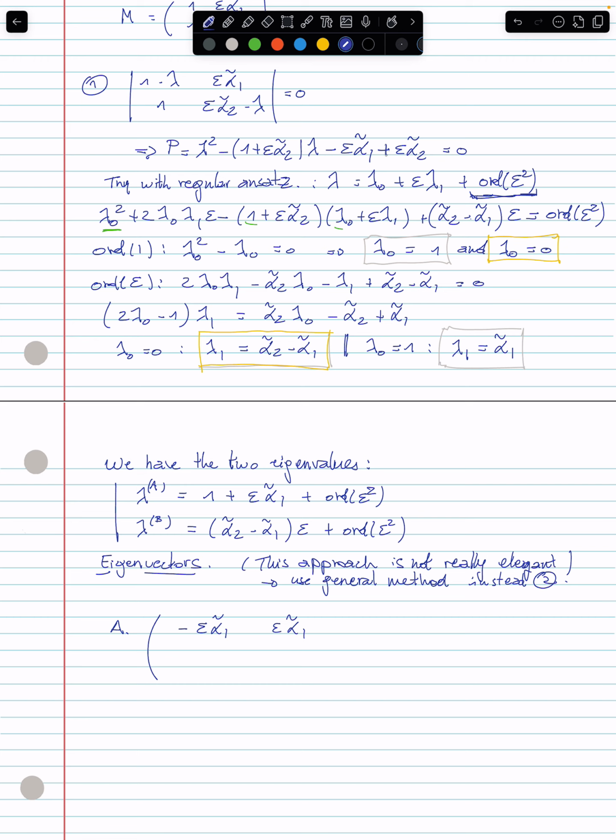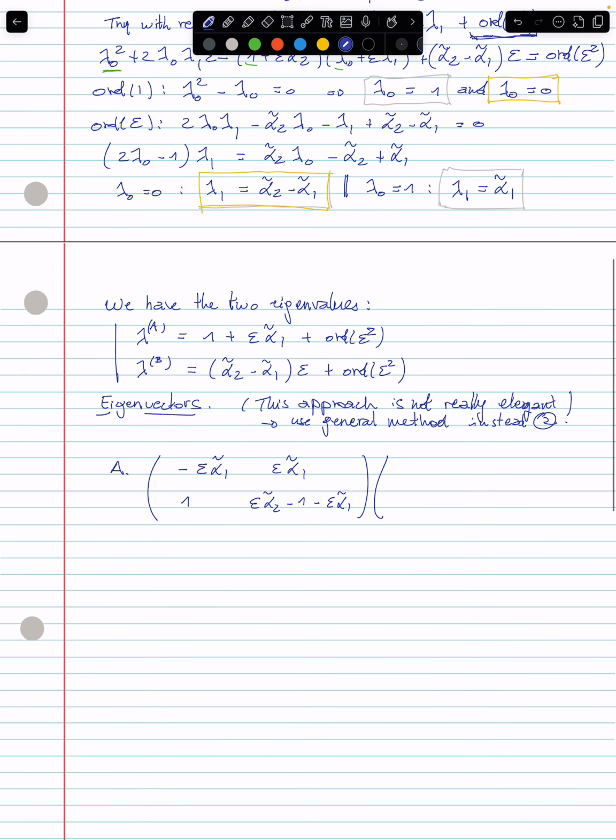And then in the second line, we have 1 and epsilon alpha 2 tilde minus 1 and minus epsilon alpha 1 tilde. All right, and this multiplied by the first eigenvector, I could probably write it phi 1 or phi A, should be equal to 0. All right, and this is an eigenvector.